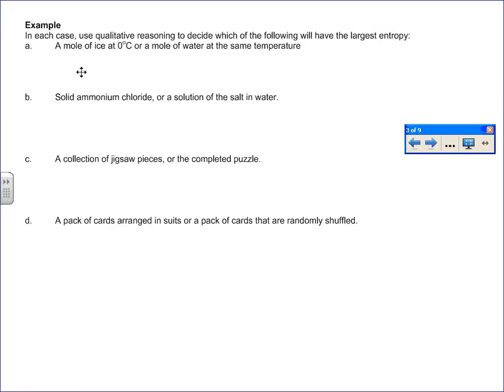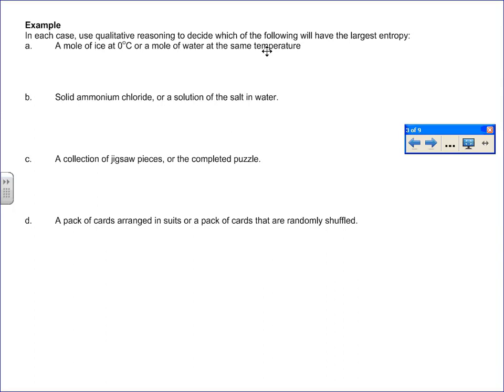For example, you've got a mole of ice versus a mole of liquid water, and they're at the same temperature. In this question, it's asking which one has the largest entropy.